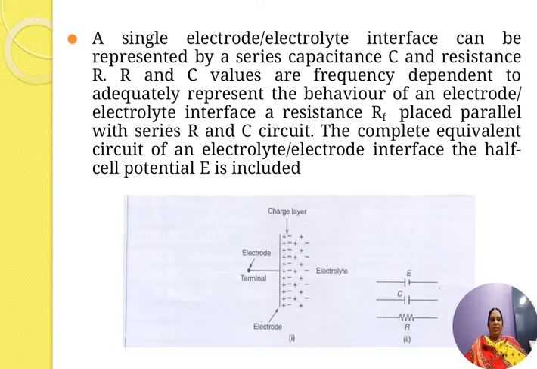You can represent it by a resistance parallel to the series combination of the R and C circuit. In the complete equivalent circuit of the electrolyte or electrode interface, the half cell reaction E is included.